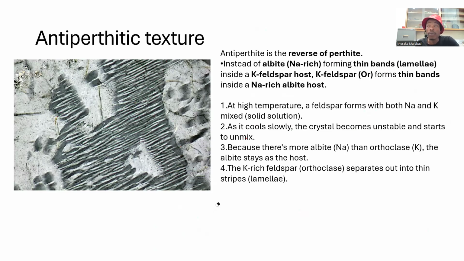And how do they separate? Because they are rearranging themselves. So when they are rearranging themselves, they separate, and in this case, we would have the lamellae of the orthoclase occurring inside the host of the albite, and this is what you call the antiperthitic texture.